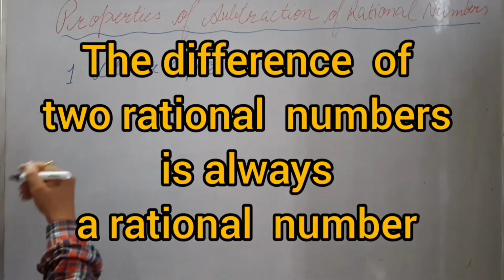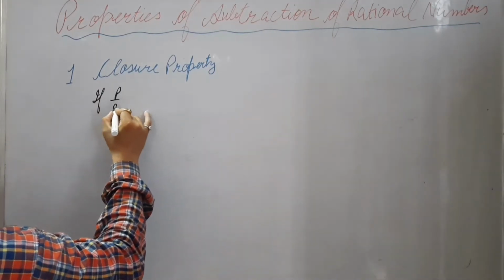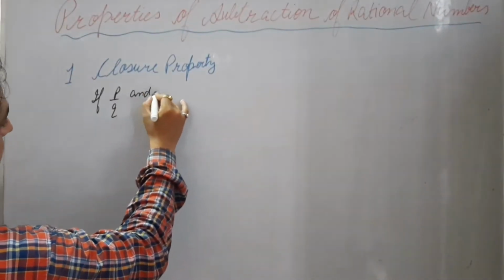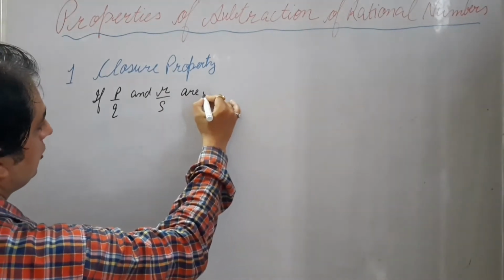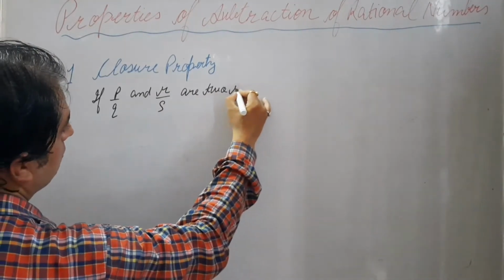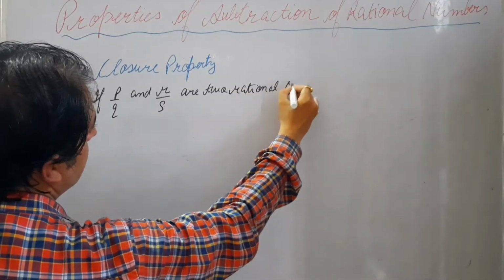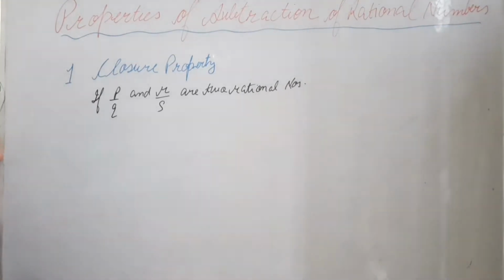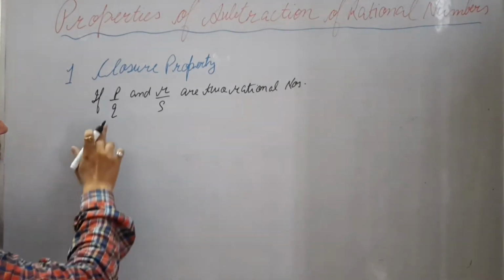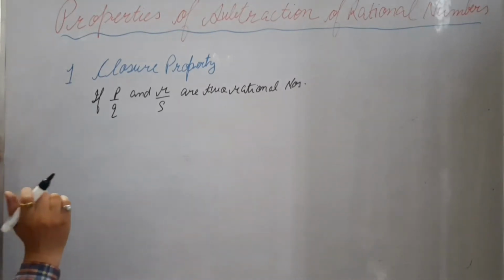Suppose we have two rational numbers, P by Q and R by S, and the denominators Q and S are not equal to 0.